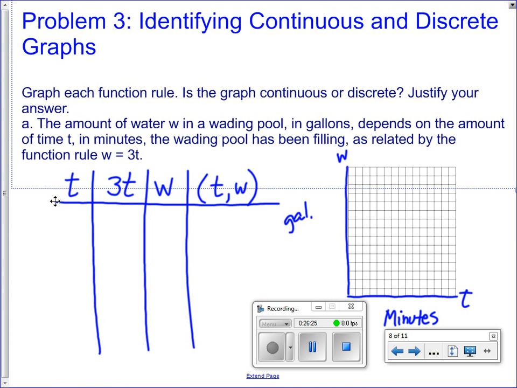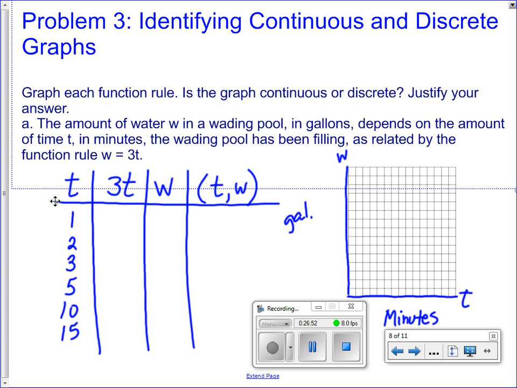Okay. So let's choose some values for t. Let's start off with 1. Let's go low. We can choose some other values, 2, 3, 5. Let's jump to 10. And then let's go 15.